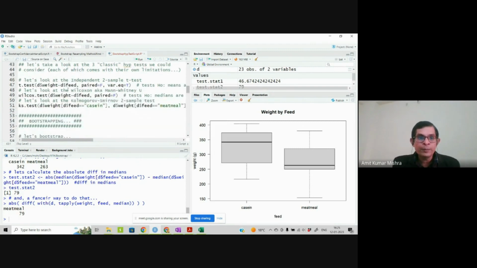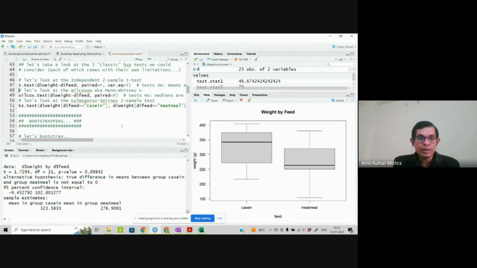Now you can apply the t-test. If I apply the t-test, you can see the p-value is this. The p-value is below 10% and more than 5%. So if you fix your alpha as 5%, you can say that the null hypothesis will not be rejected. So you are not going to say that there is a difference.